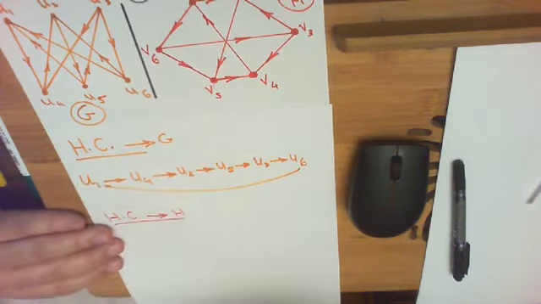Why not V1, V6, V3, V4? Because you would have to go back to V4 and you will not visit V2.